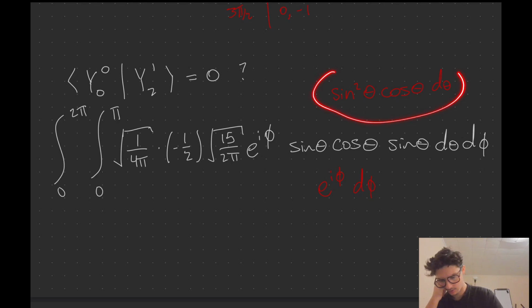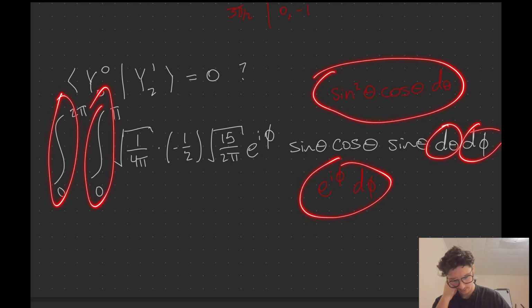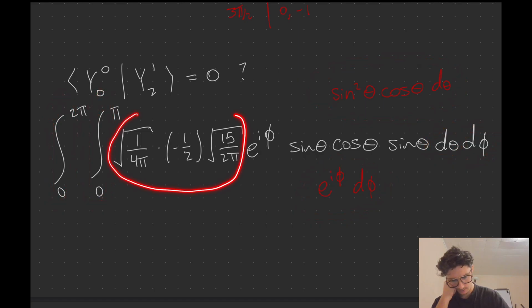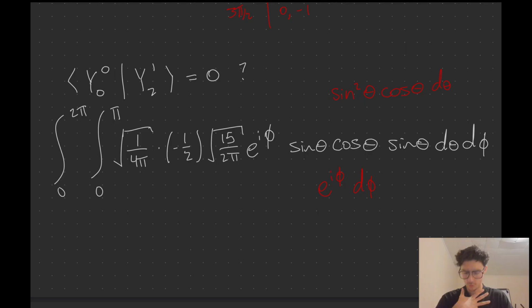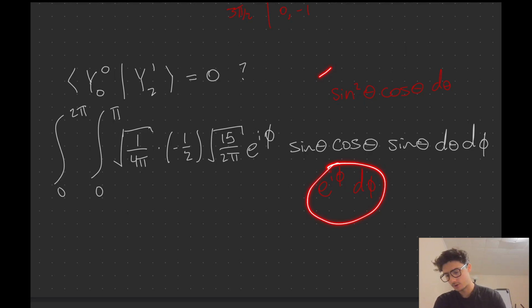So these are our integrals here with these bounds. All of this stuff over here is constants. We can pull those out. It doesn't really matter. So if we want to show this integral equals 0, we have to find a way to quickly show it equals 0, because either this integral equals 0 or this integral equals 0. We don't have to show both of them. Which one is going to equal 0 first?